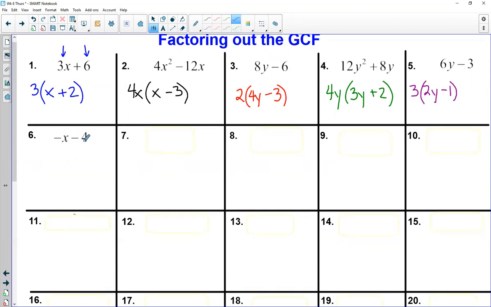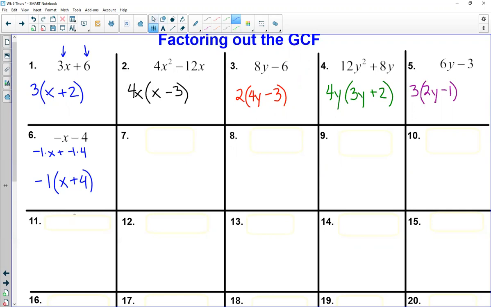They both have a negative. If I wanted to rewrite this, I could say negative 1 times x plus negative 1 times 4. Since they both have a negative, I'm actually going to be able to pull out a negative 1. Negative 1 times x will give me negative x, and negative 1 times positive 4 will give me negative 4.